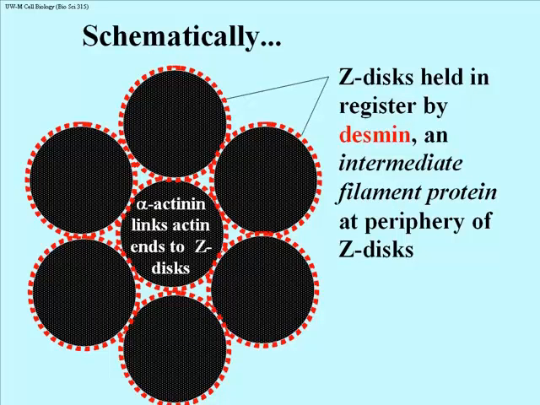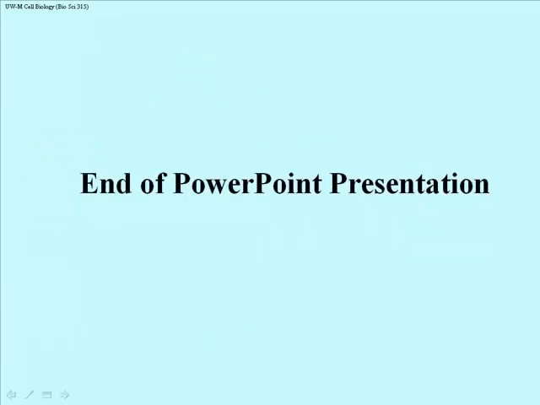So the Z discs, being firmly attached to actin, will be pulled during contraction towards one another along the length of a myofibril. And they will all be pulled at the same time because desmin is holding all of them in register. That is, all of them at any given point in a myofibril are being held together in register. And that brings us to the end of this presentation.